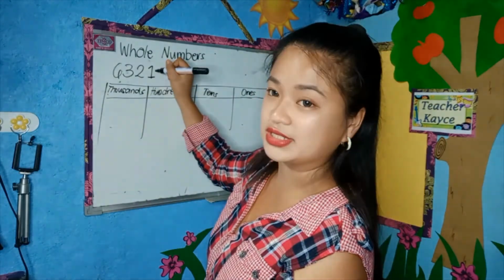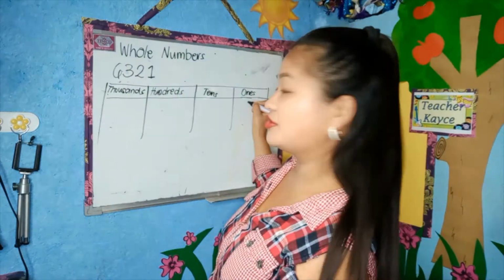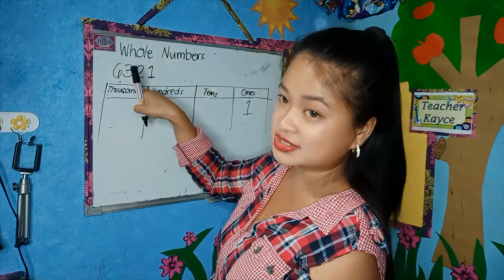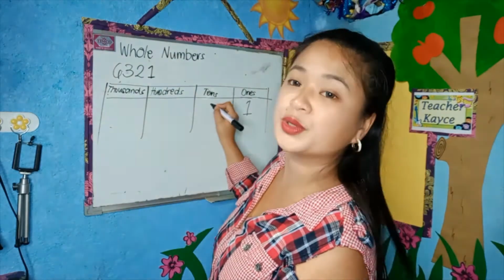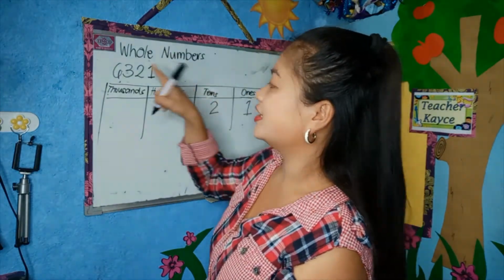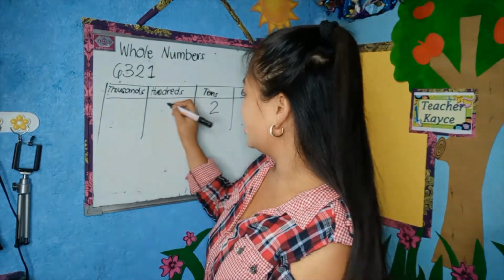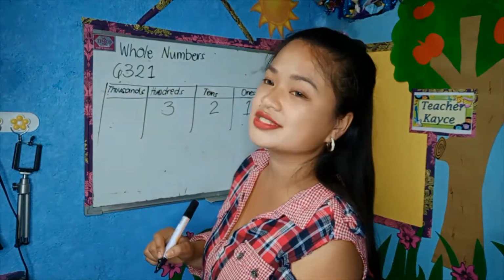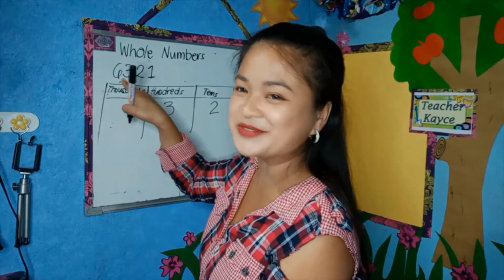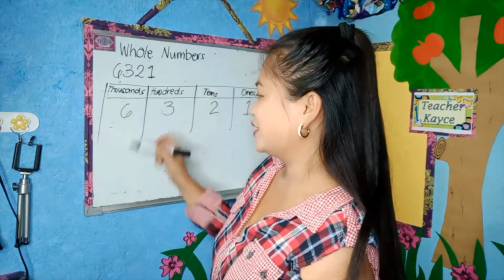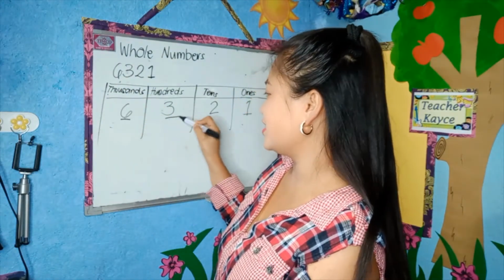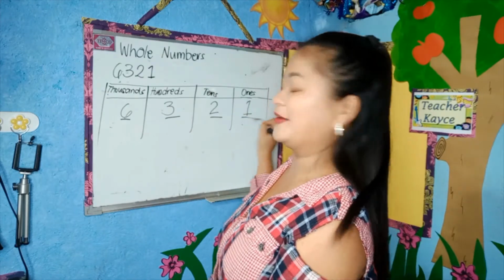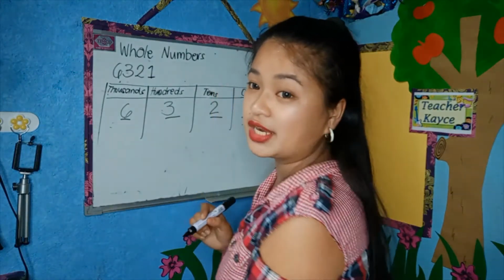So let's place them in your table. The last number here serves as your ones. The next 2 serves as your tens. The next number in your hundreds, and the last number 6. So we have here 6, 3, 2, and 1. Let's get its place value.